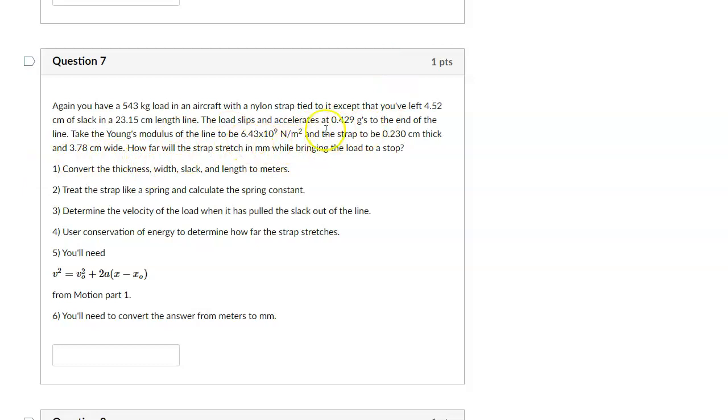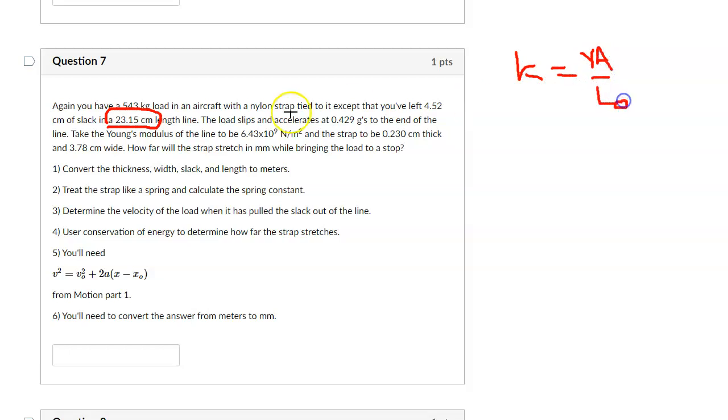You know Young's modulus right here. And you know the nominal length of the strap, which for this calculation for k is YA over L naught.